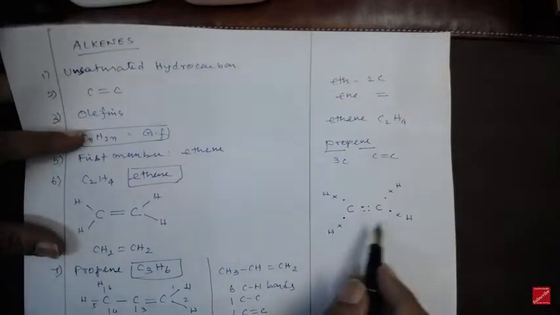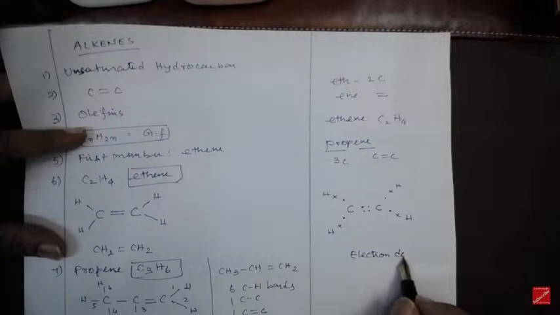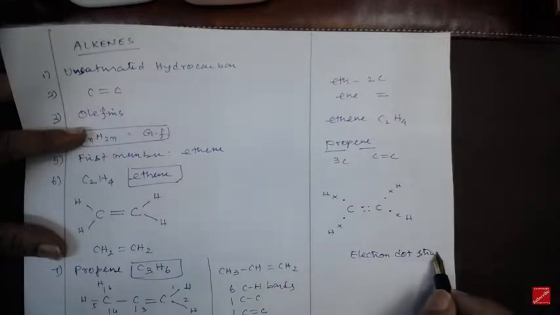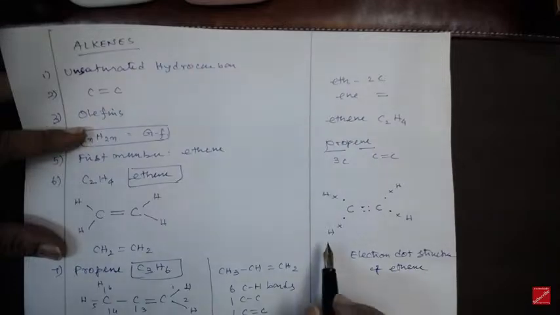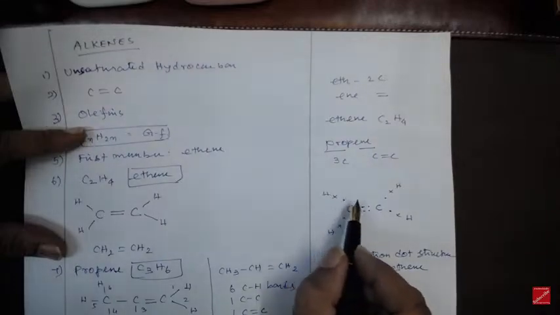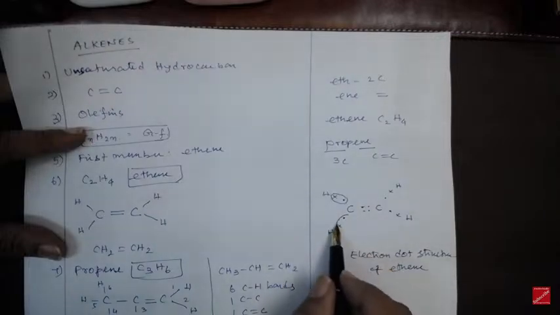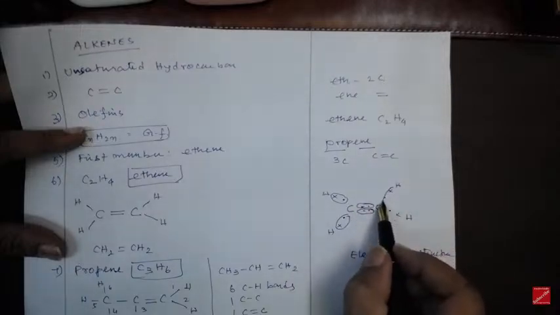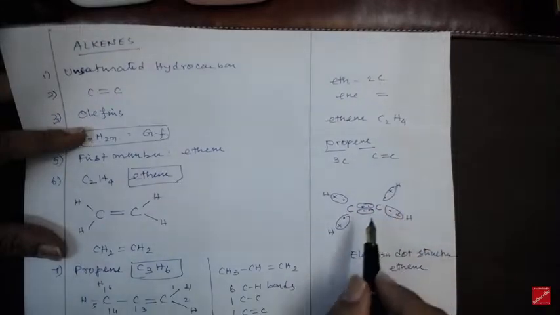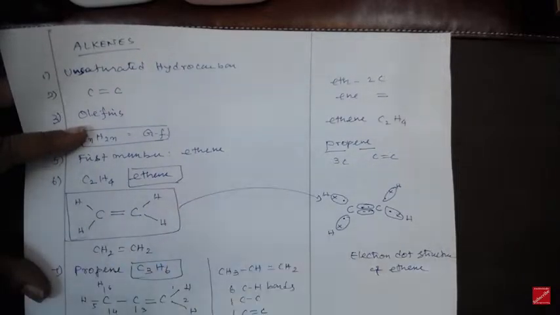So this is the electron dot formula or the Lewis structure, the electron dot structure of ethene. So you can connect like this. This is a bond, another bond, and 2 pairs of bonds, double bond and single bond like this. So we have simply represented ethene.